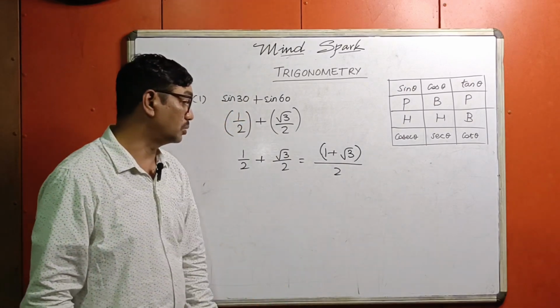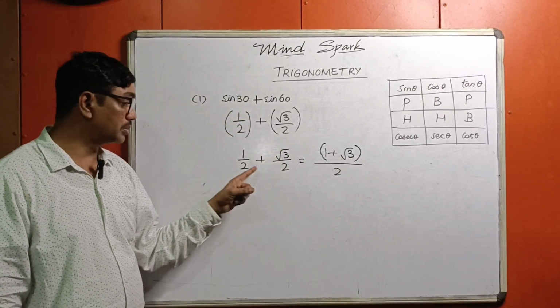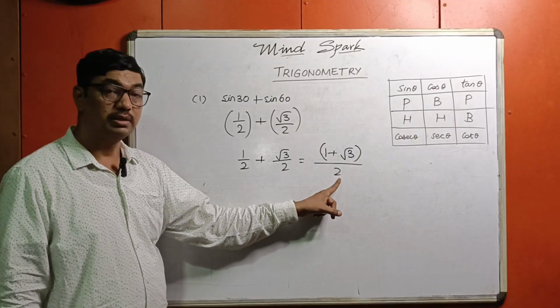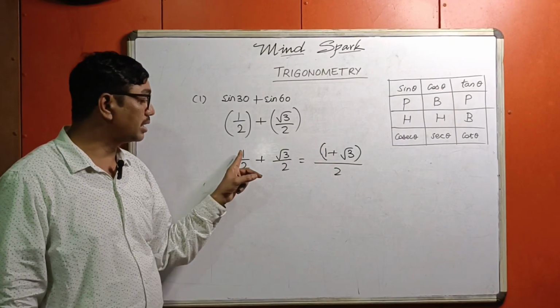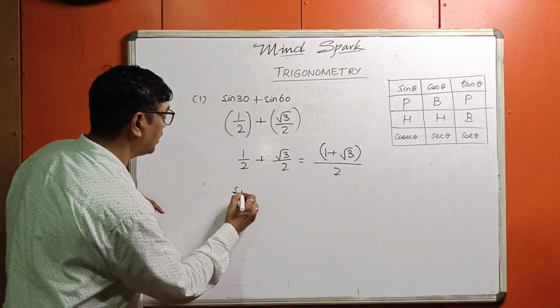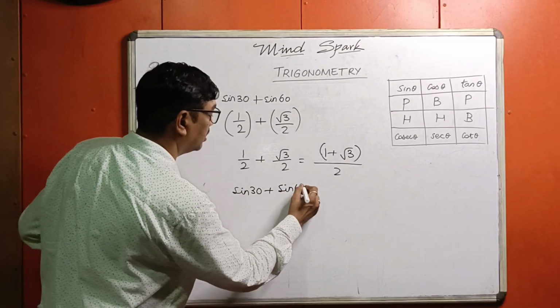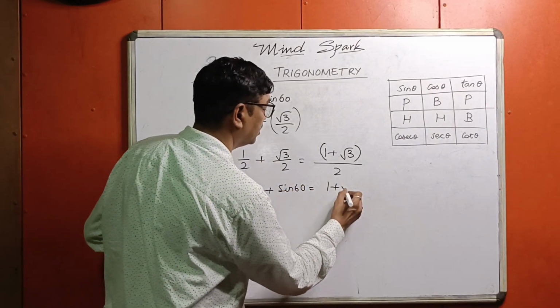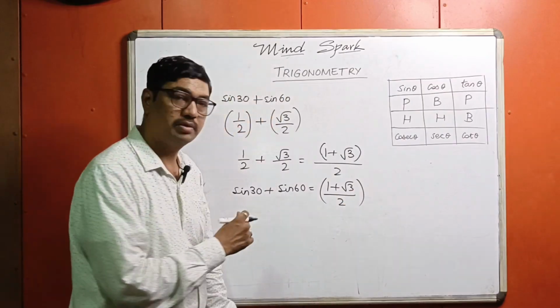So 1 by 2 plus root 3 by 2, both denominators being the same, you put the single number 2 and directly add the numerators. So sine 30 plus sine 60 is equal to 1 plus root 3 by 2. Is it clear?